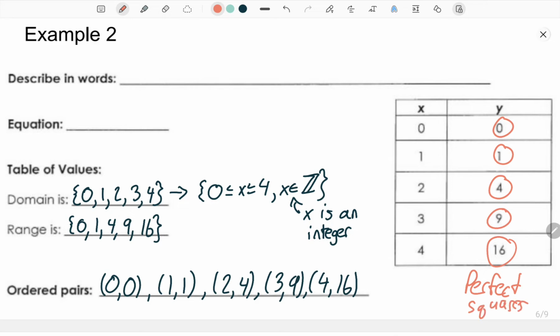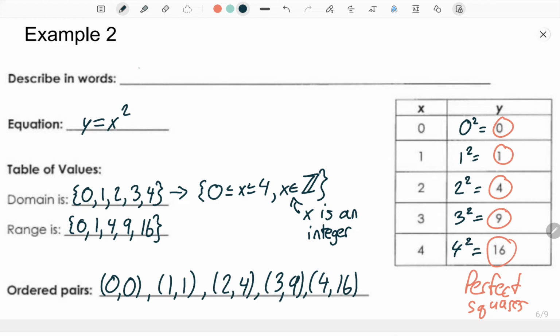So actually all that's done is we've just squared the x value. So in a sense, the equation is y equal to x squared. Since something like 1 squared equals 1, 2 squared equals 4, 3 squared equals 9, 4 squared equals 16. Well, no, first one, 0 squared, well, that's just 0.